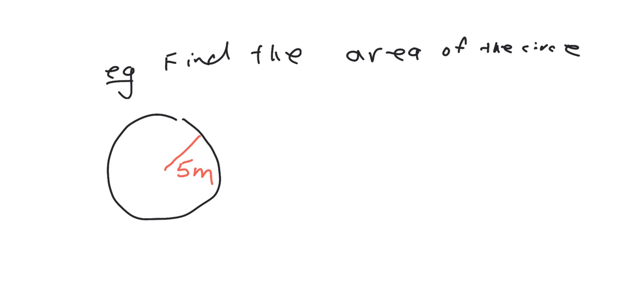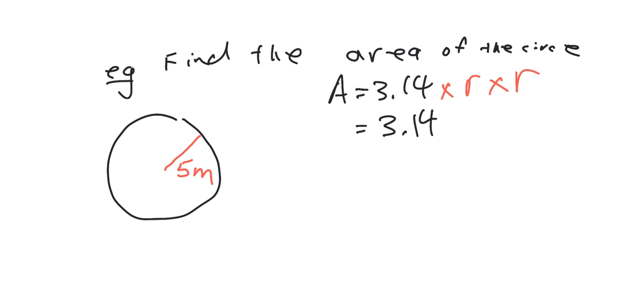So now going from memory, you got to remember A is equal to 3.14 times R times R, which is equal to 3.14. So our area of the circle is 3.14 times 5 times 5.